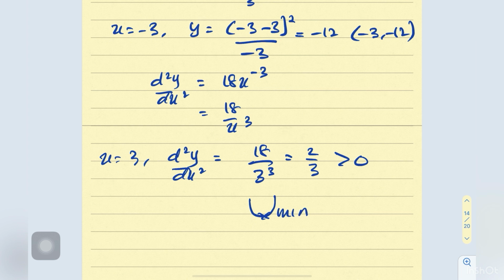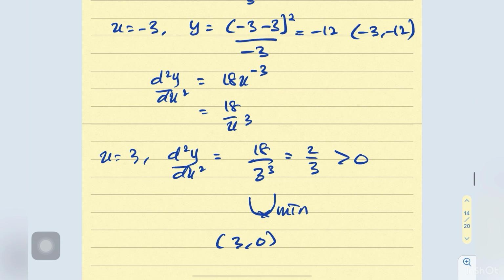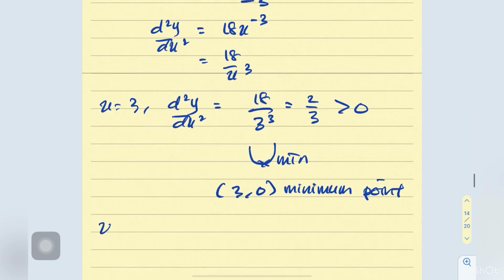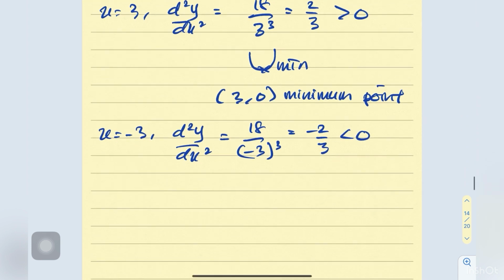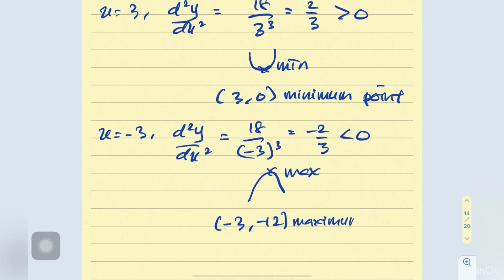So minimum, and the coordinate (3, 0) is a minimum point. When x equals negative 3, d squared y over dx squared is 18 over negative 3 cubed, negative 2 over 3, less than 0. So maximum, and the coordinate (negative 3, negative 12) is a maximum point.